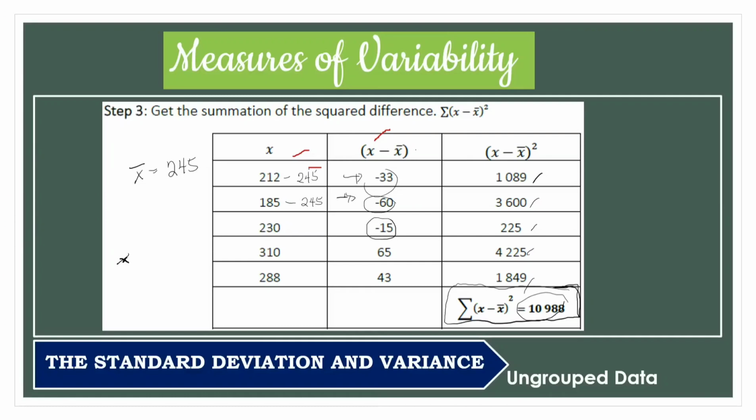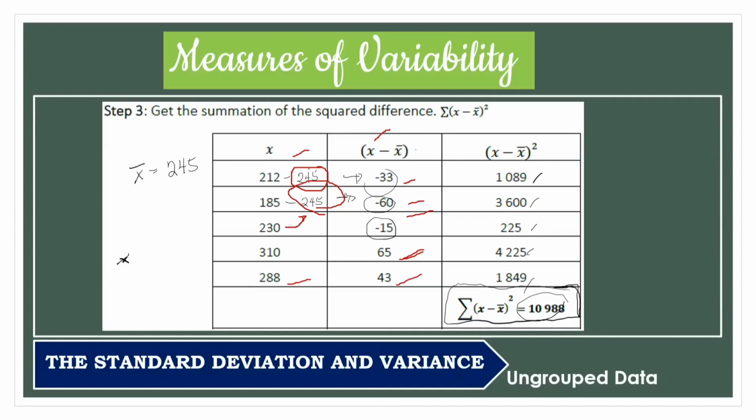That's why for the first one, 212 minus 245 is equal to negative 33. Next, 185 minus 245 is equal to negative 60. 230 minus 245 is negative 15. 310 minus 245 is equal to 65. 288 minus 245 is equal to 43.